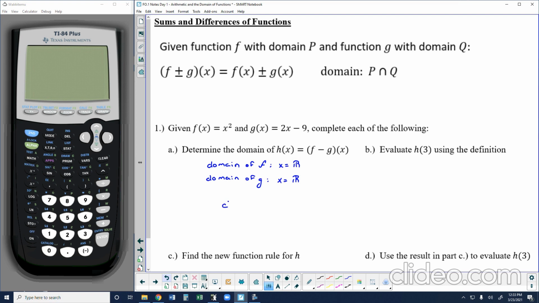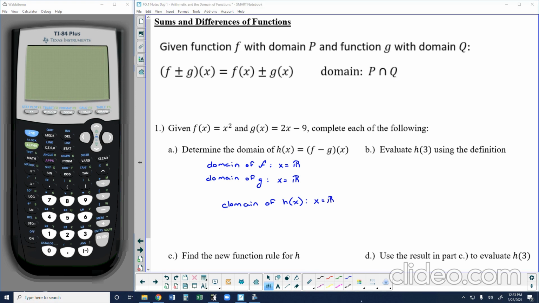So now our domain of h of x, which is the goal of what this problem is asking for, has to be the intersection of the domains of f and g, essentially where their domains overlap. And the overlapping of those domains would be all real numbers.